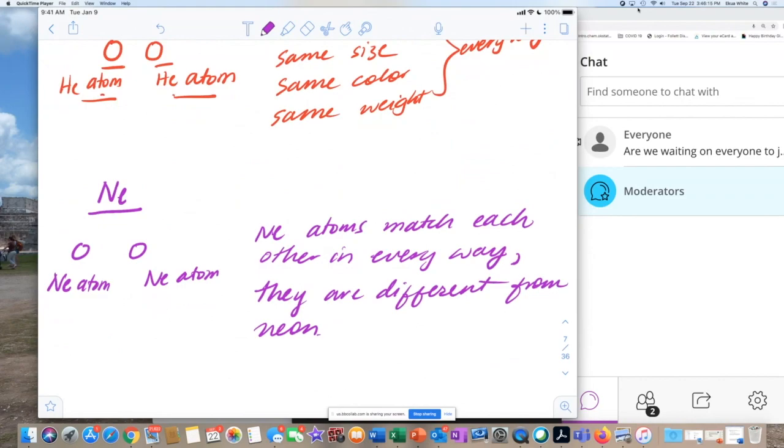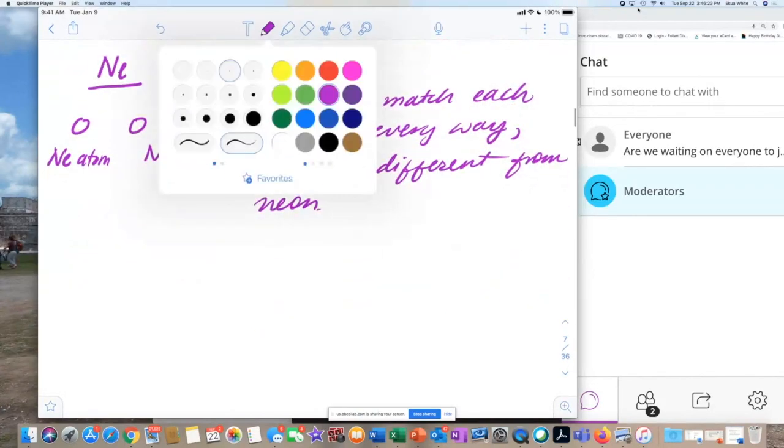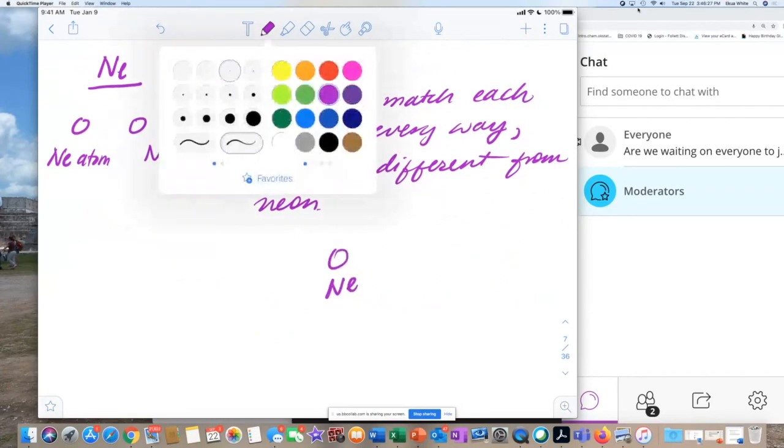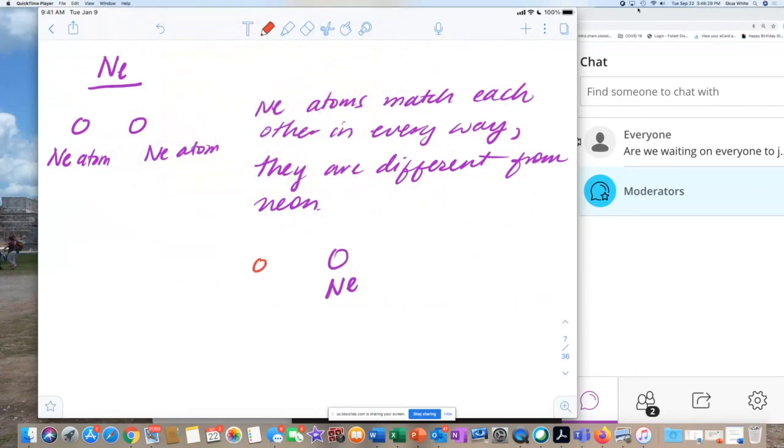So how can you tell they're different? Well, for one, I used a different color on purpose. But they'll be different in size, color, weight, etc. If you were to compare one neon versus one helium, these will be different.